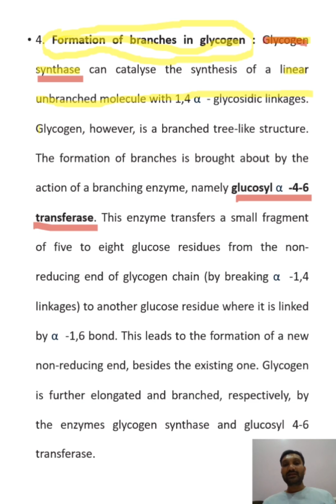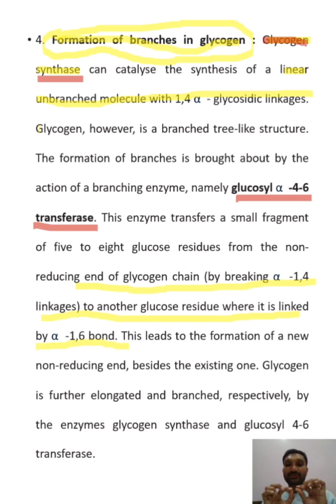This enzyme transfers a small fragment of 5 to 8 glucose residues from the non-reducing end of the glycogen chain, by breaking the alpha 1,4 linkage, to another glucose residue where it is linked by an alpha 1,6 bond.